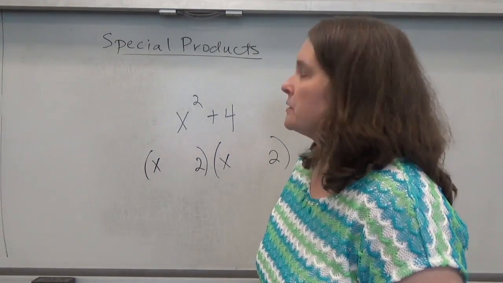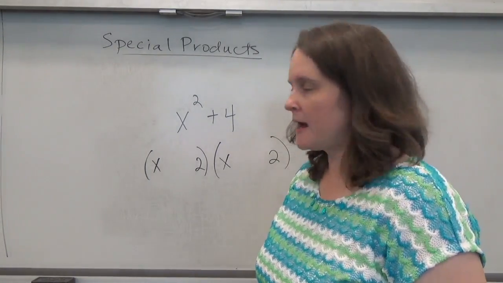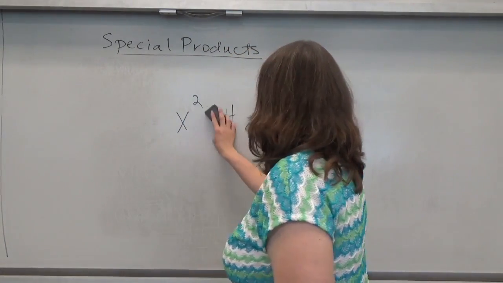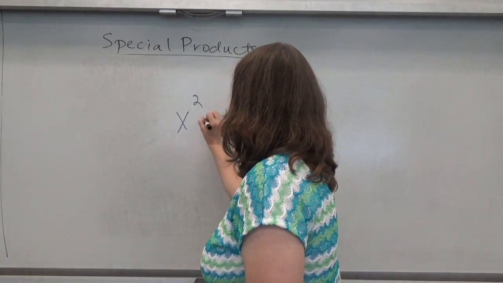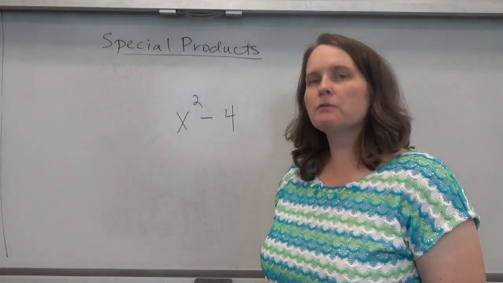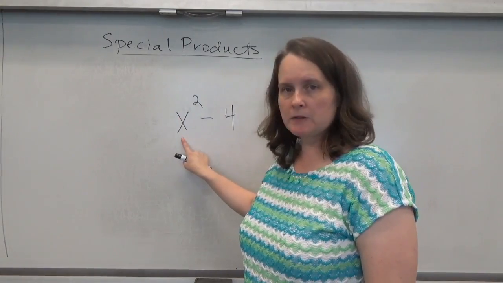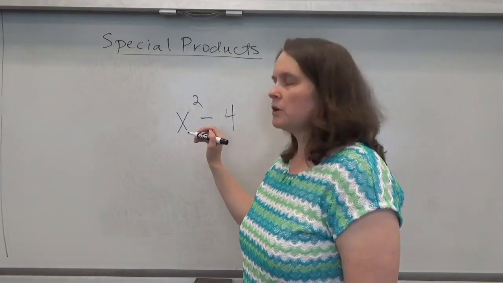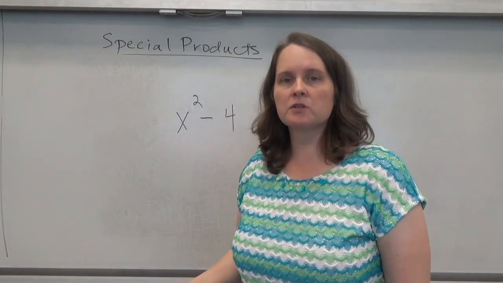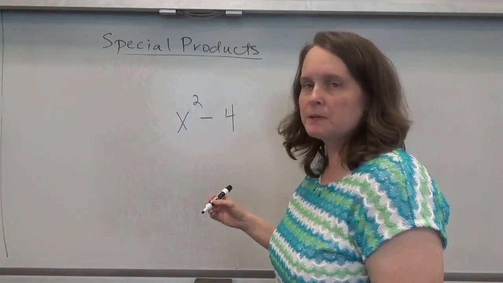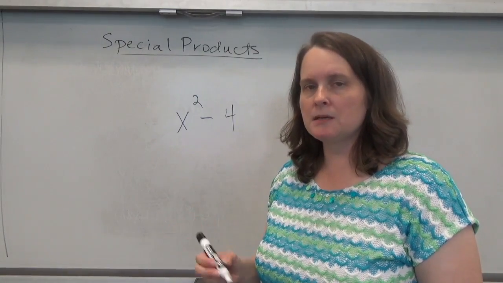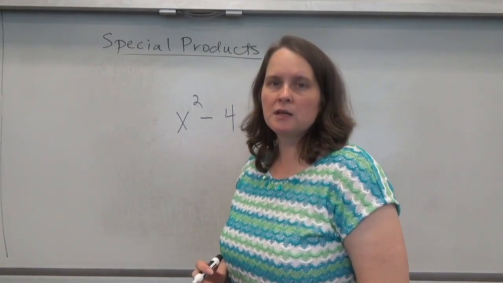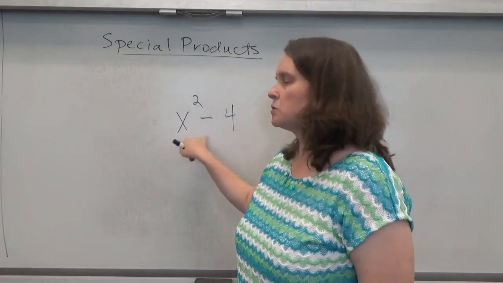The difference of squares: what if we change this to a subtraction instead of an addition? So instead of x squared plus 4, what if you're doing x squared minus 4? You need to be able to recognize x squared is a perfect square, and 4 is a perfect square. So we're going to apply the difference of squares formula: a squared minus b squared equals a plus b times a minus b. The a and the b are whatever values you need to square in order to give you these two terms.